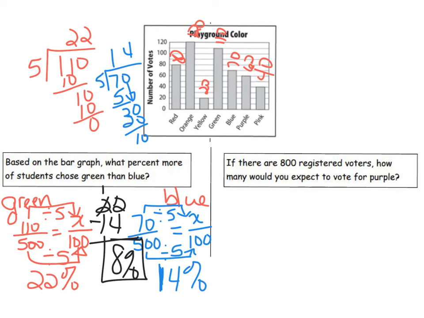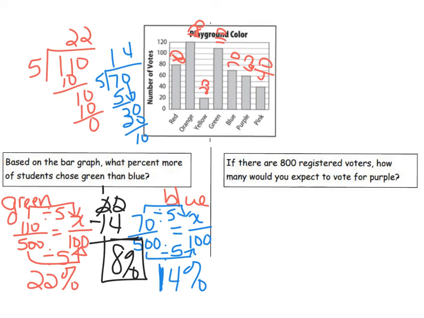Okay. Now, sometimes they'll give you information and then they want you to make predictions. And if you look at the next question, it's asking you to predict out of 800 voters, not 500 children. So if there are 800 registered voters, how many would you expect to vote for purple?